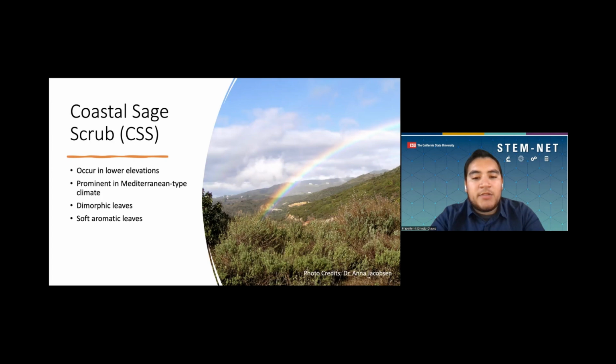On the right here, you see a picture of coastal sage scrub, which during the wet season, you can see the shrub is very green, but this changes during the dry season, and it sheds its leaves and becomes much more drier and loses its color.